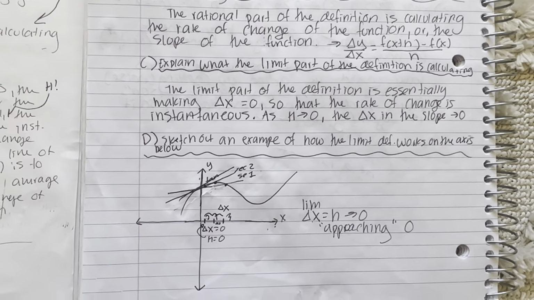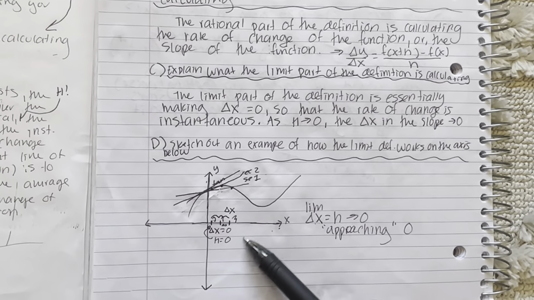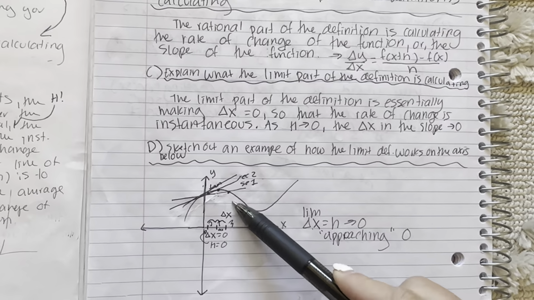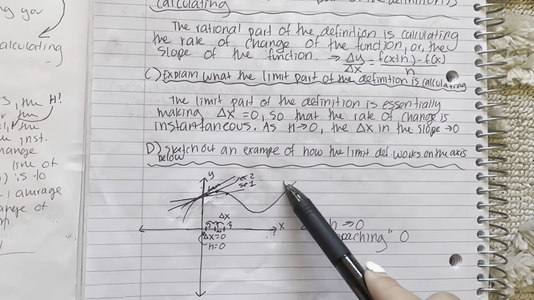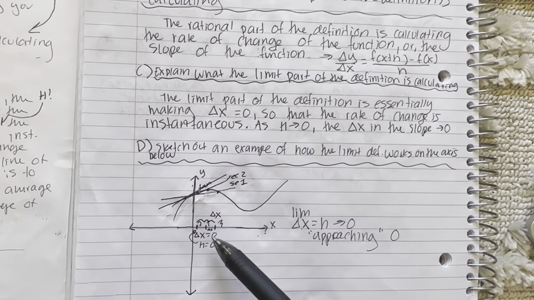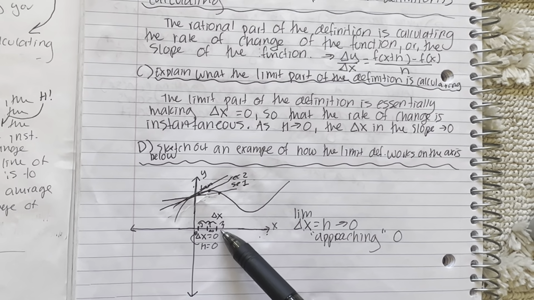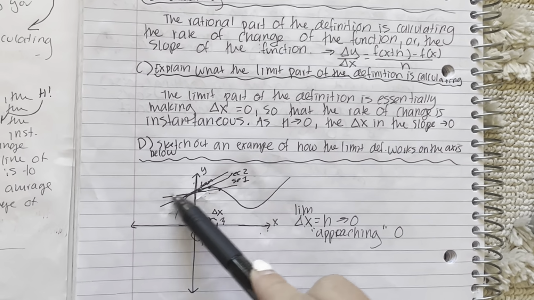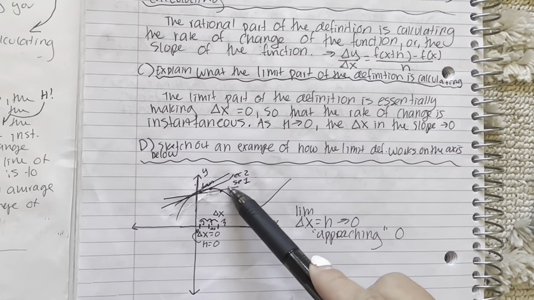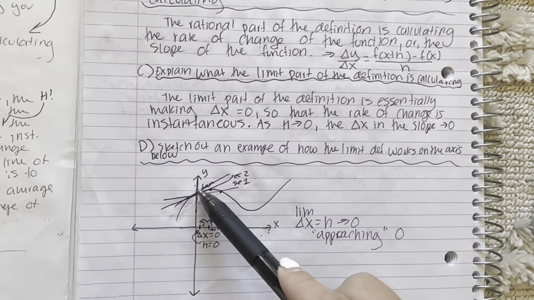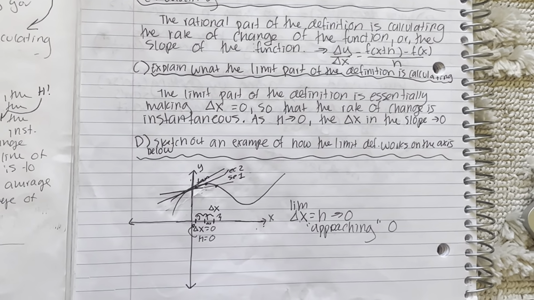You can see here that this secant 1 line, where h is equal to a bigger number, the secant point is further away from the tangent point.